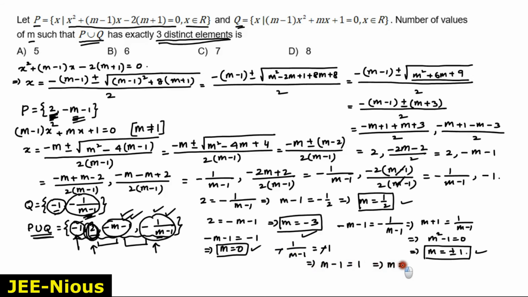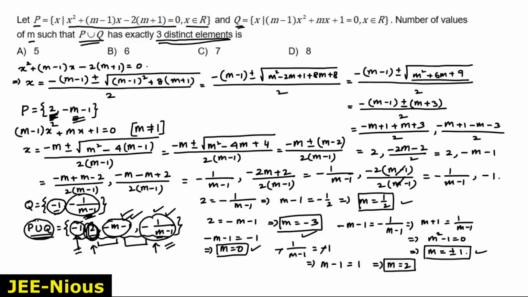So m is coming to 2. Okay. This value of m has to be considered because in that case, these 2 elements will be equal. Which 2 elements? This element and minus 1. In that case also, your P union Q will have exactly 3 elements, right?